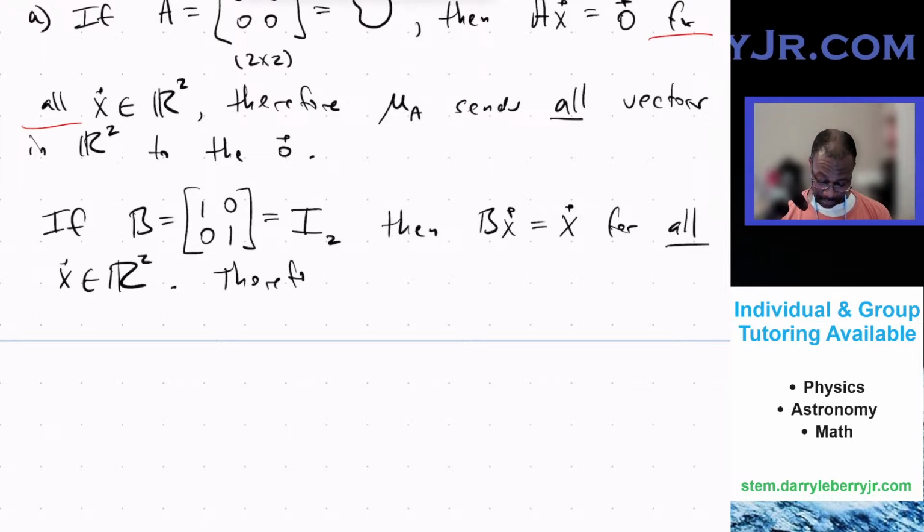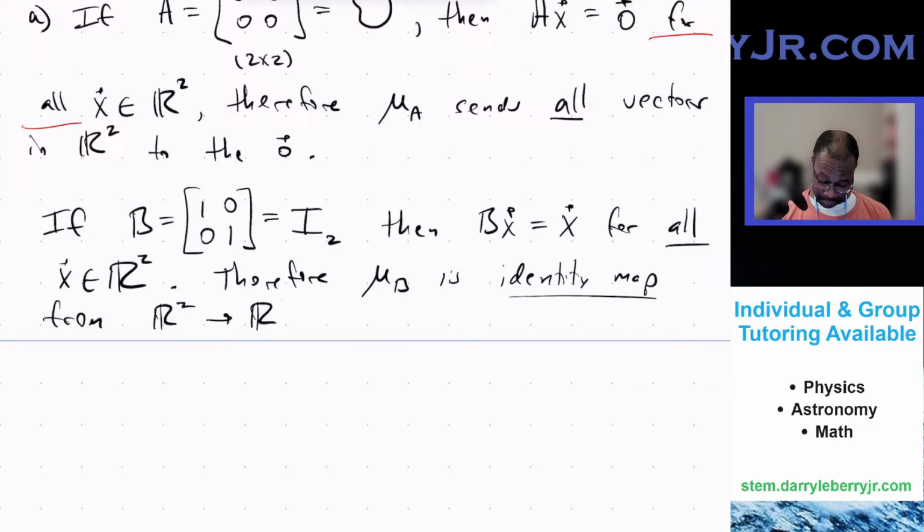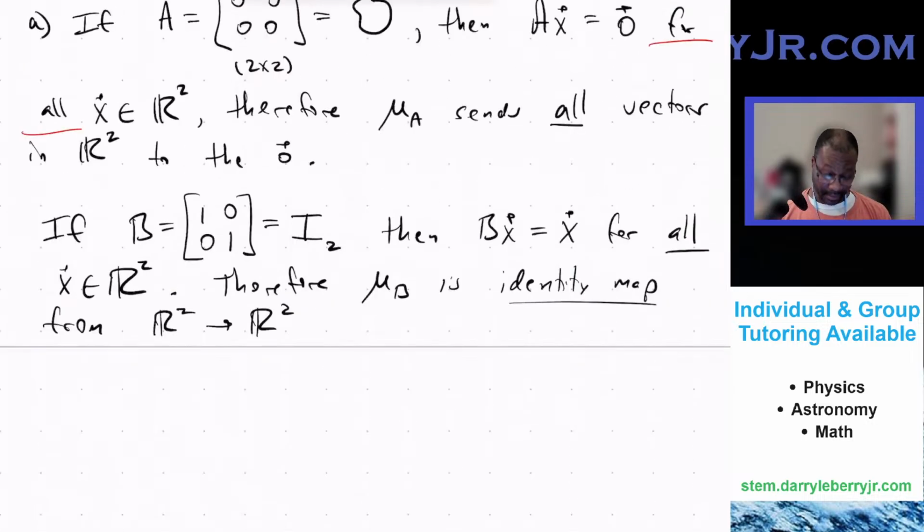Therefore, the function mu b is the identity map from R2 to R2. That's A.